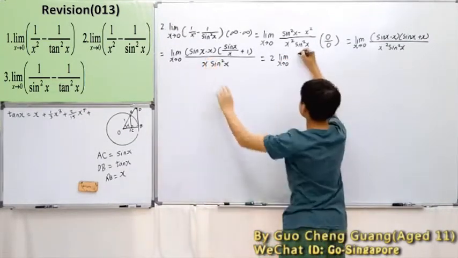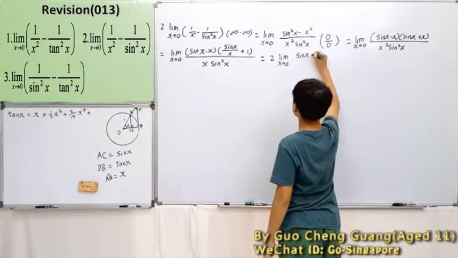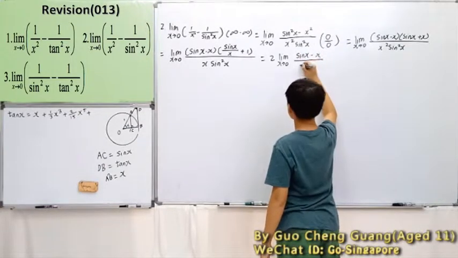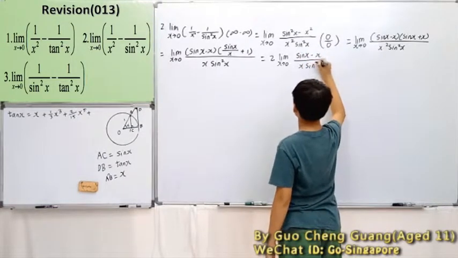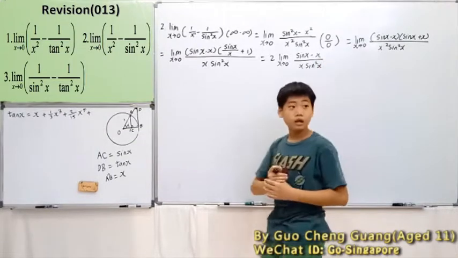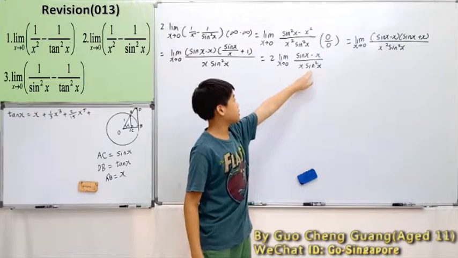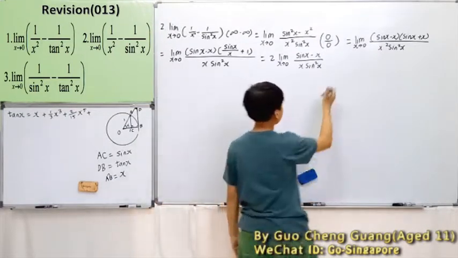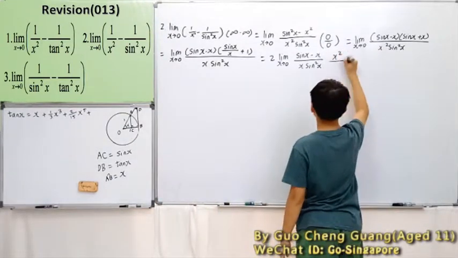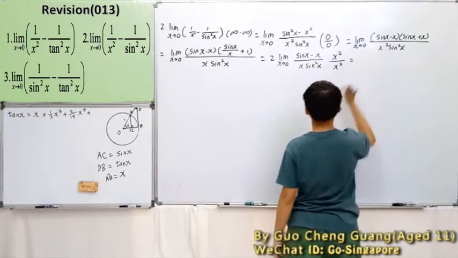But how about for inside here? Sine x minus x over x sine square x. We could also try to first remove this sine square x just by times x squared, then you divide x squared.